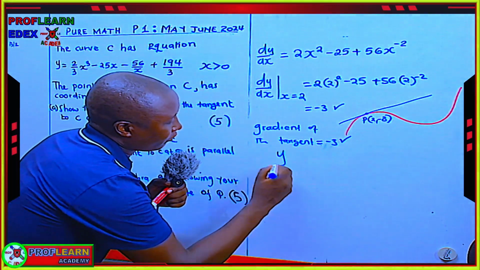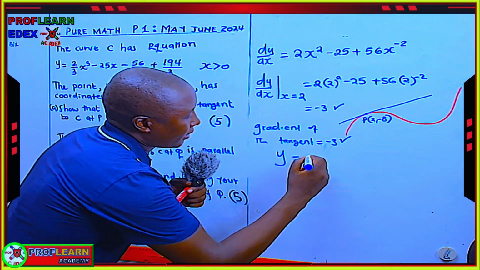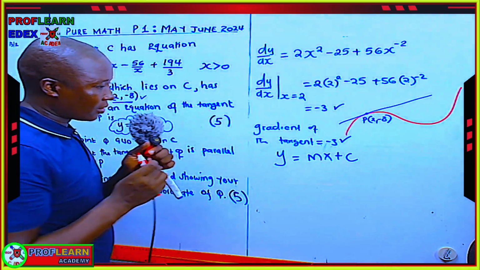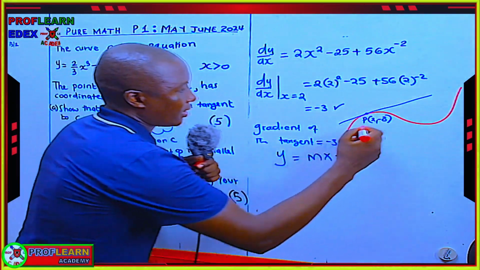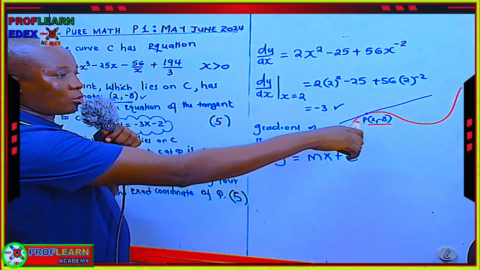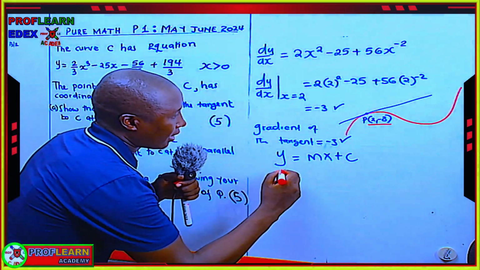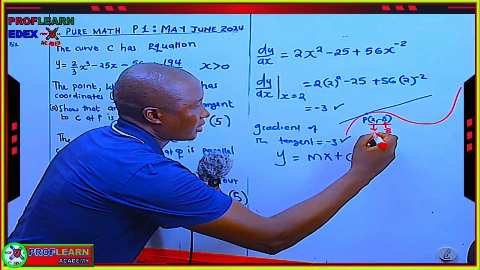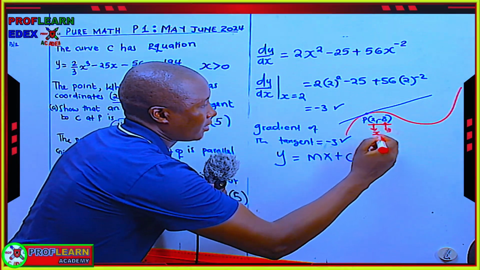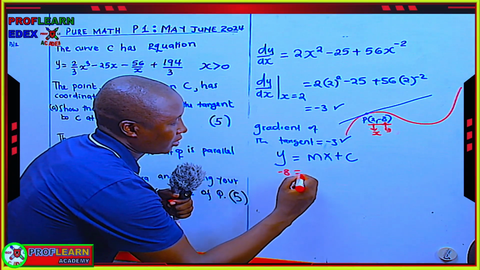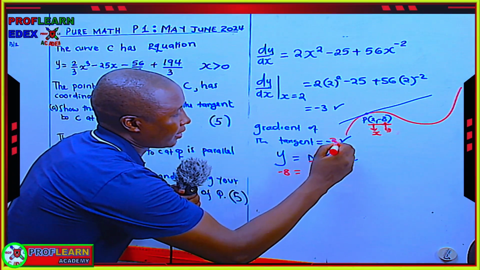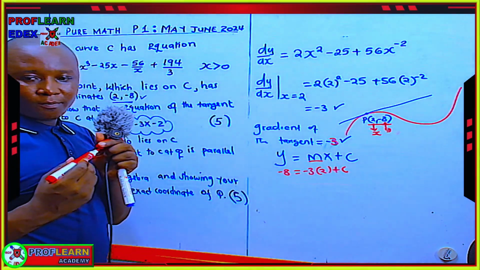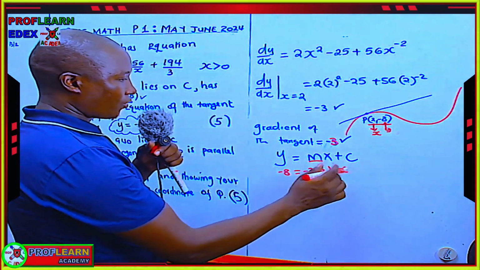And the equation of a straight line is given by y equals mx plus c. This tangent passes through the point 2, negative 8. So the y coordinate here is negative 8, the x coordinate here is 2. So this is y, this is x. So negative 8 equals m, the gradient, which is negative 3, times 2, plus c. In this way, we can evaluate the value of c.